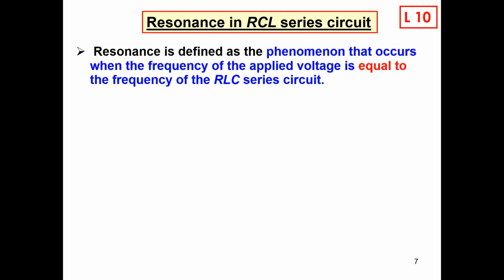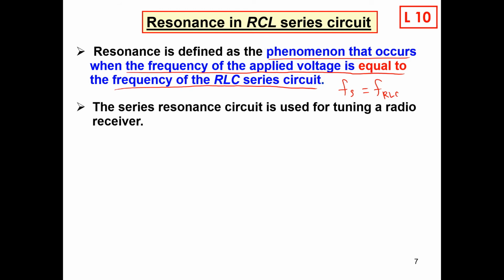Resonance is defined as the phenomenon that occurs when the frequency of the applied voltage is equal to the frequency of the RLC series circuit, which is F supplied voltage equal to the frequency of the RLC circuit. Resonance can be used for tuning a radio receiver.